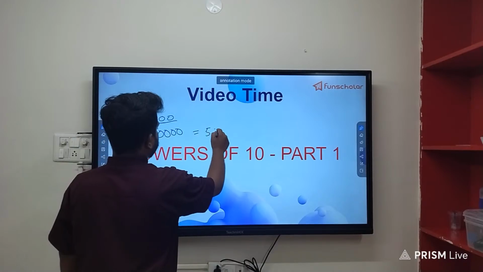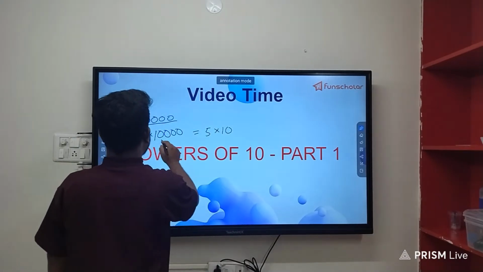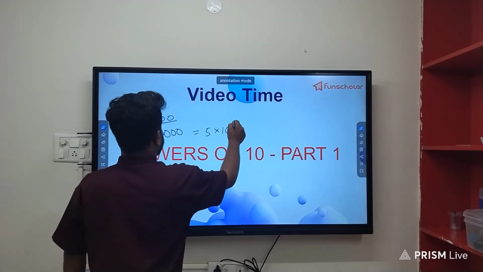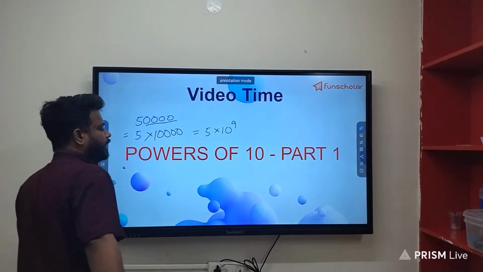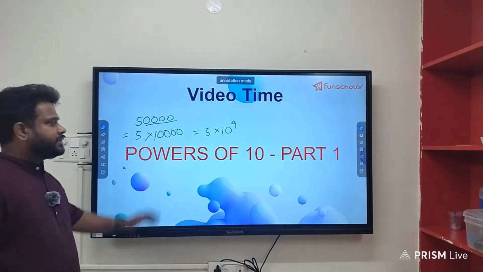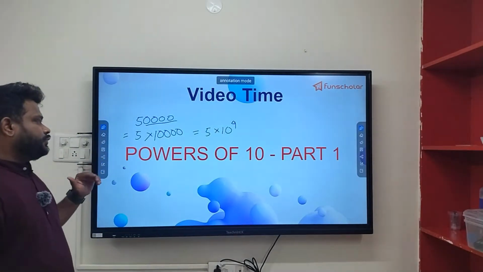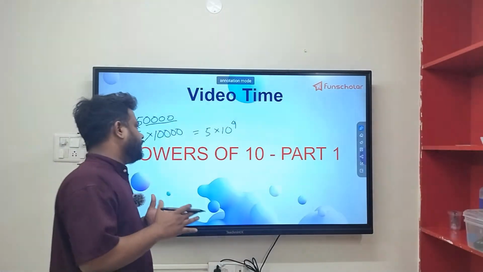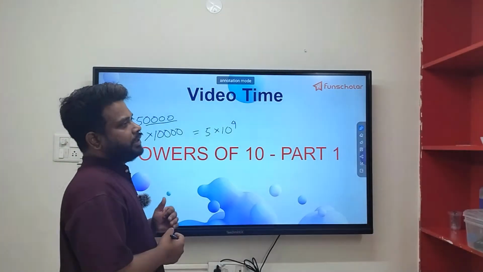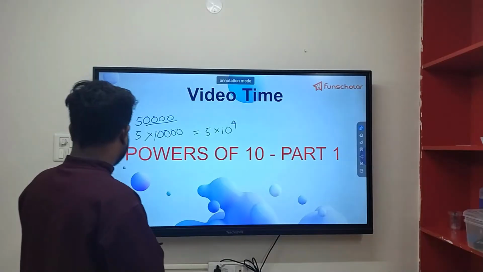So we can write 5 into 10 with 4 zeros; we count them and write it like this. This is the standard form. Anything which has powers of 10 can be expressed like this.